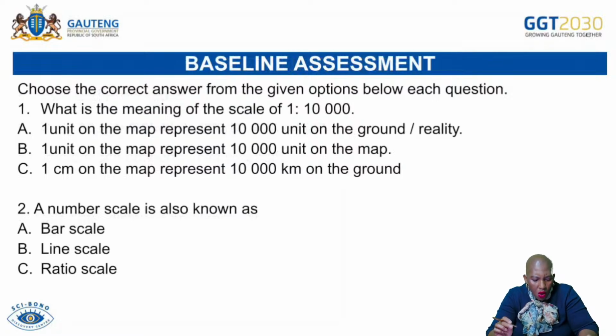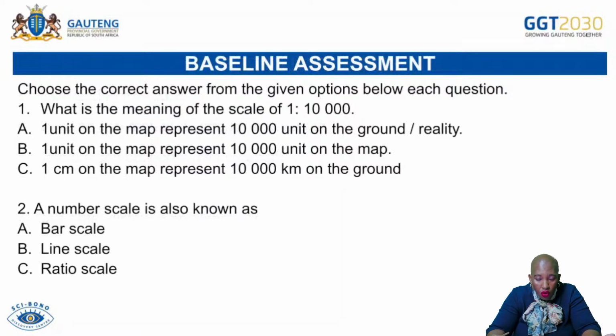Question 1. What is the meaning of the scale 1:10,000? After you read that, let us go through the options that are given. We are given 3 options, A, B, C. Option A says 1 unit on the map represents 10,000 units on the ground or in reality.